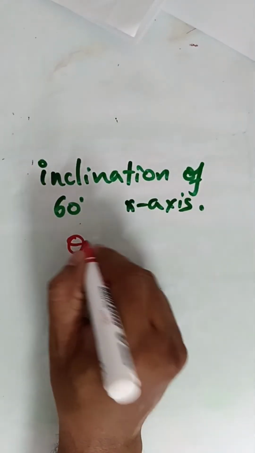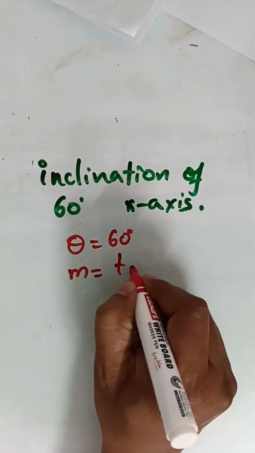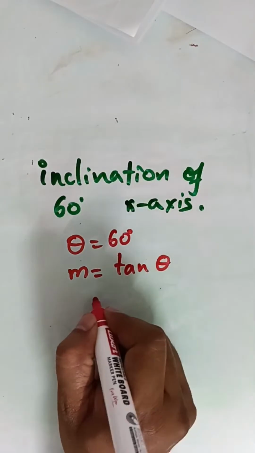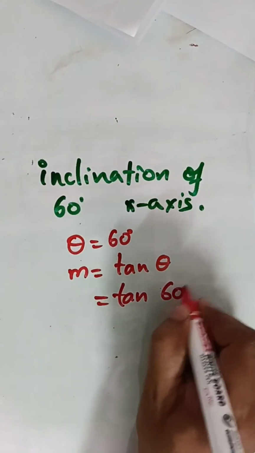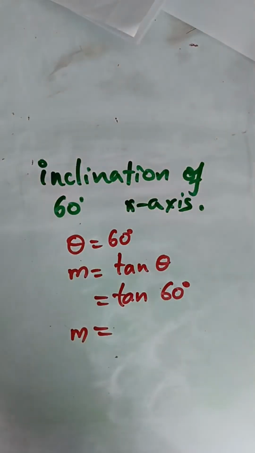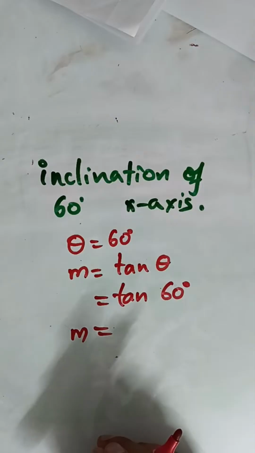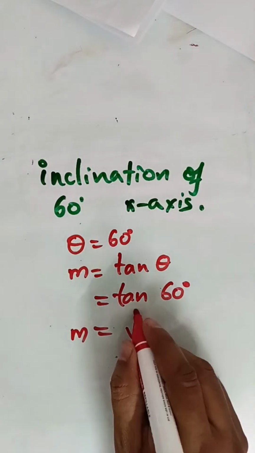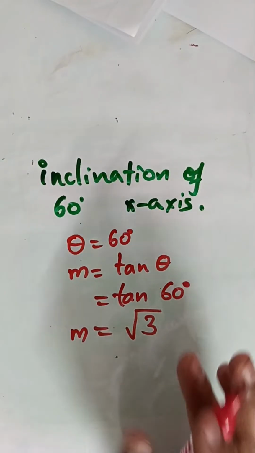Here theta is 60 degrees, and the slope formula is m equals tan theta. Just substitute theta: tan 60 degrees. What is tan 60? Let's comment. Tan 60 is root 3. So this is also a way to find the slope.